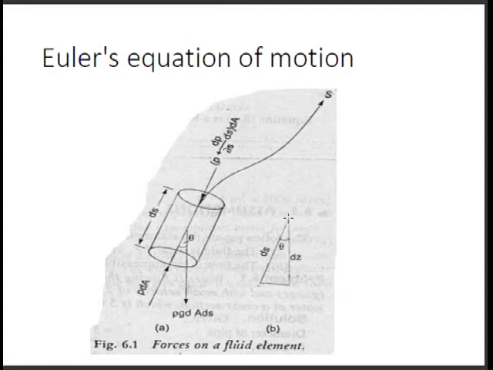Here theta is the angle between the direction of flow and the line of action of the weight of that element, as you can see in this triangle.